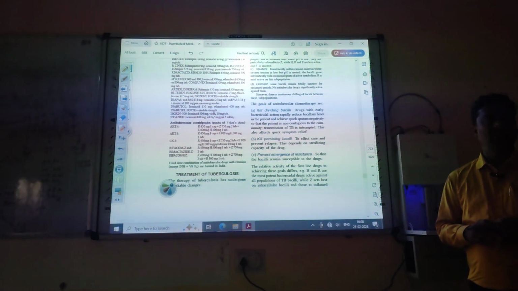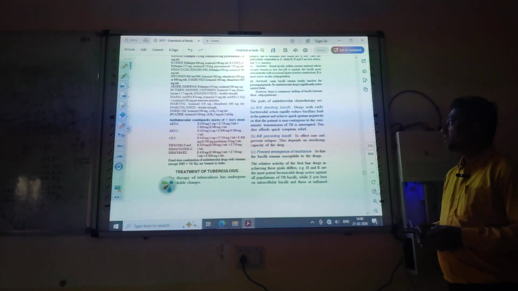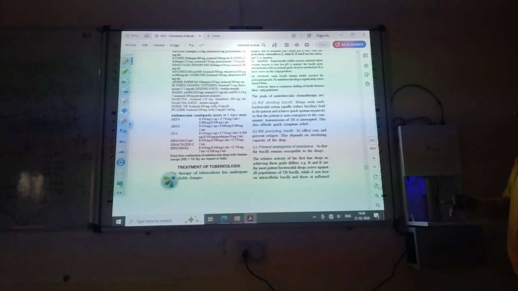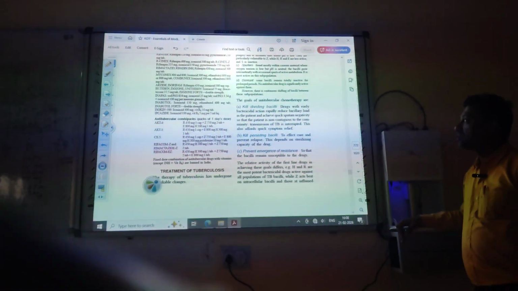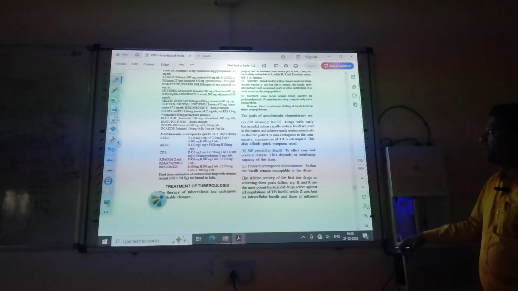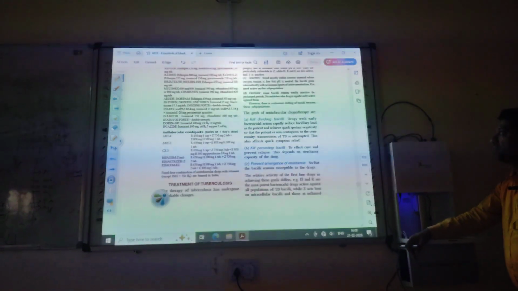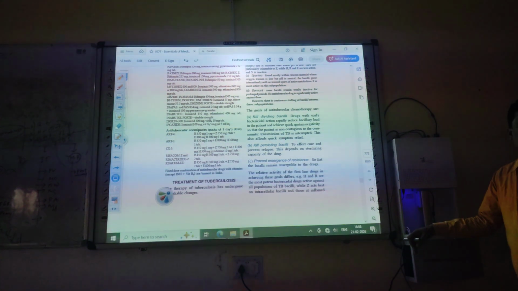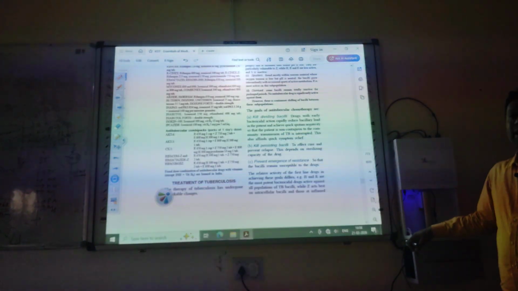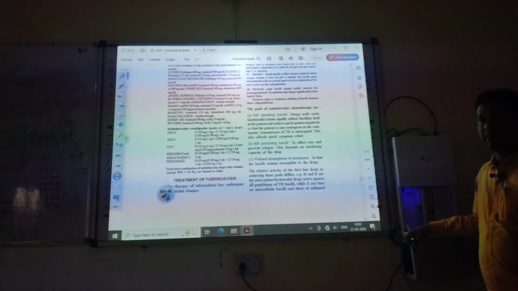Okay. The first one is kill the dividing cells. What are the goals of anti-tubercular chemotherapy? What are the aims? We are providing different combined anti-tubercular drugs. Okay.